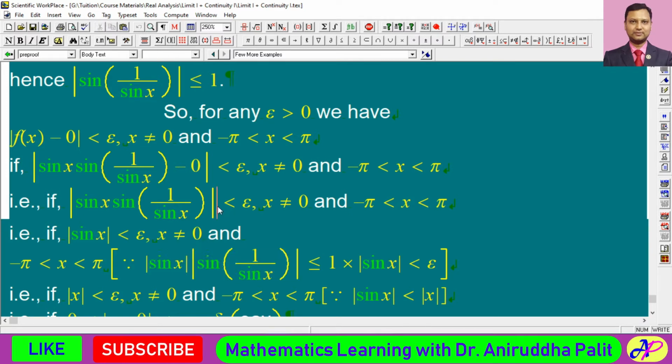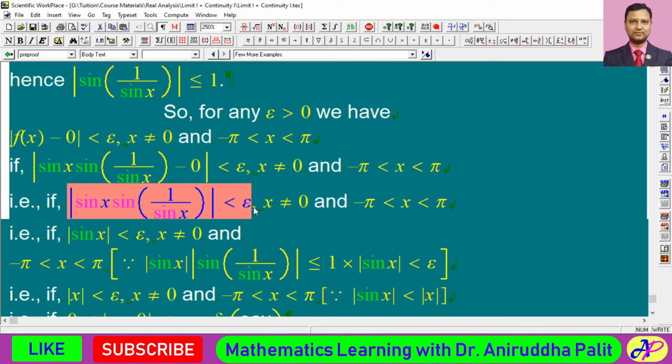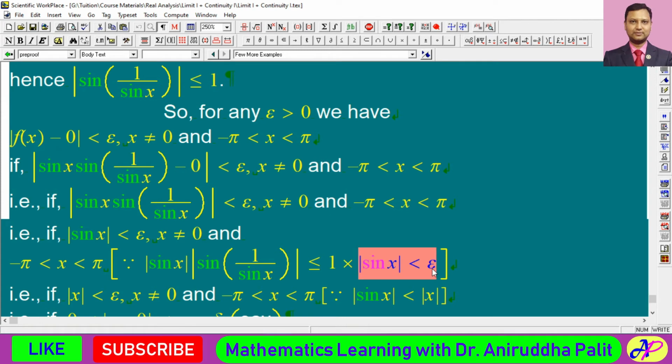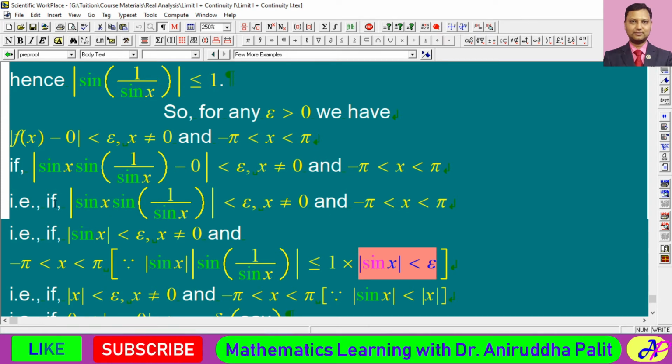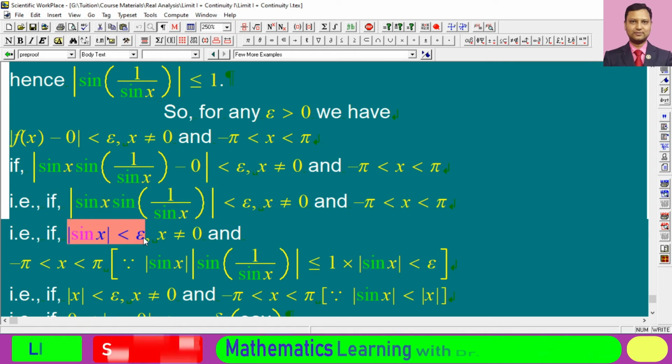What does the smaller quantity mean? The smaller quantity means the result in line number 3. So we can say that line number 3 would be true if this larger quantity, that means the modulus of sin x, is less than epsilon. So that is what is done here: this line is true if the modulus of sin x is less than epsilon.